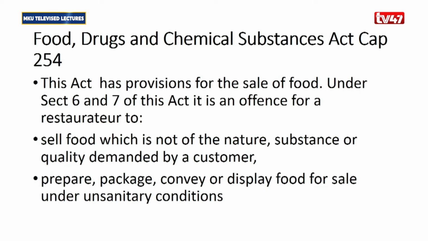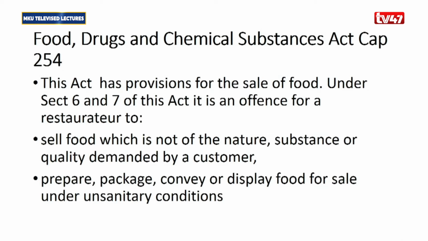One, to sell food which is not of the nature, substance, or quality demanded by the customer. Which means the restaurant owner commits an offense if he or she has given or sold food that is substandard. Two, to prepare, package, convey, or display food for sale under unsanitary conditions.